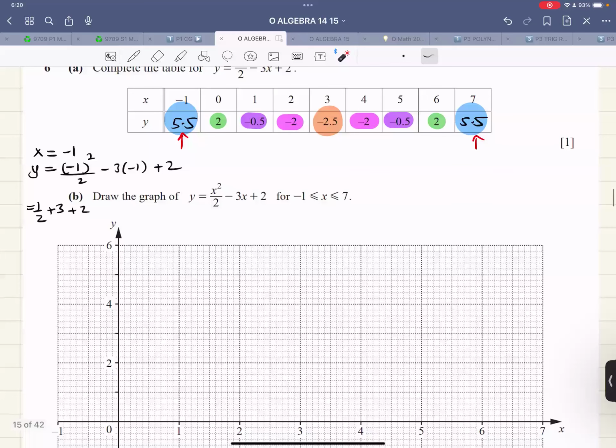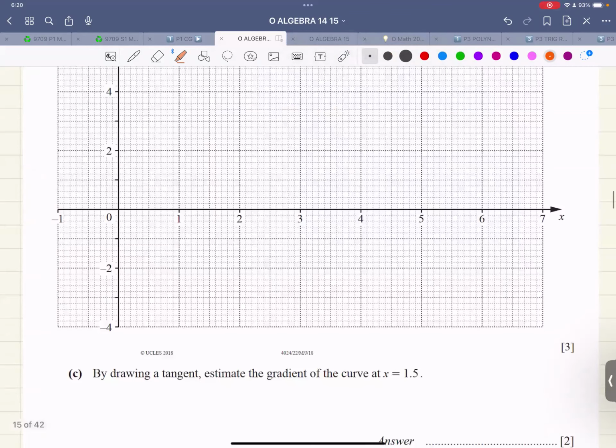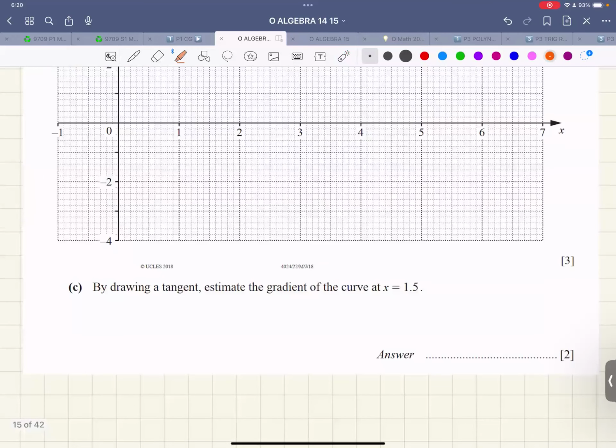So now what are we doing? We are plotting the points. Let me start with this point, and let me make it a bit thicker. That is 3 and -2.5. So this goes something like this. That is the point. Double check. This is 1 unit, this is 2 units, this is 2.5 units.